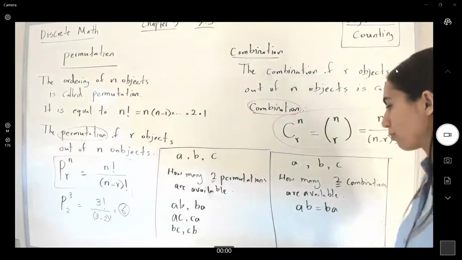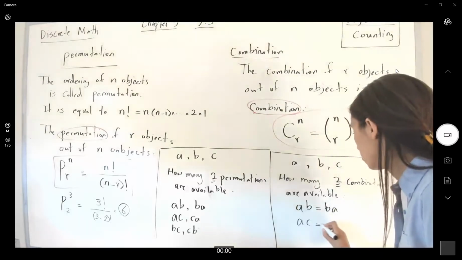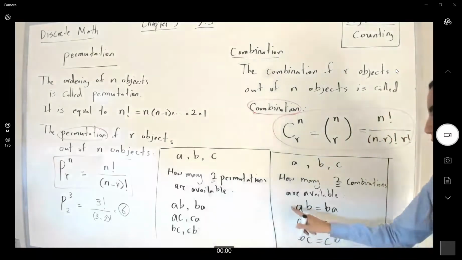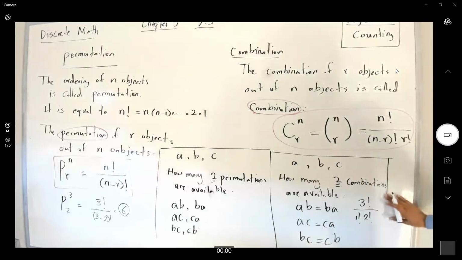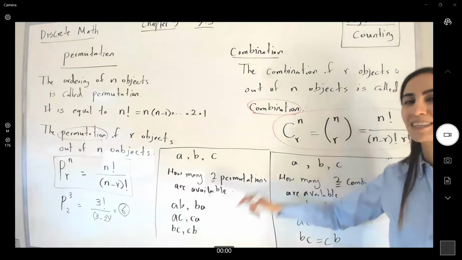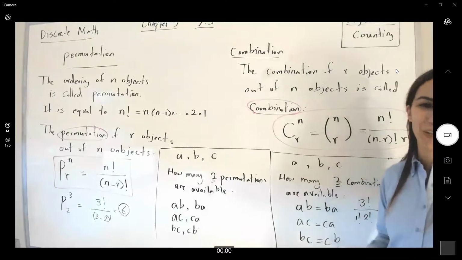This guy is considered as one object. AC is equal to CA, and BC is equal to CB. So how many? 1, 2, 3. It is 3 factorial divided by 1 factorial times 2 factorial, which equals 3. That's the difference between permutation, in which ordering is important for us, which one comes first is important, and combination, in which ordering is not important for us.